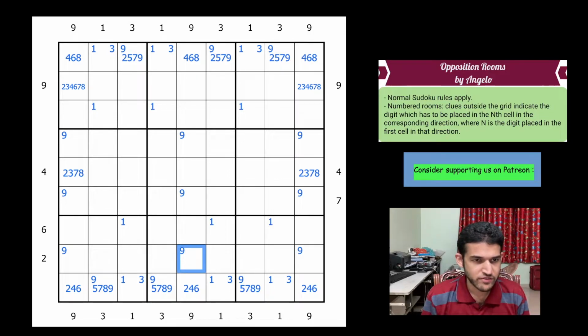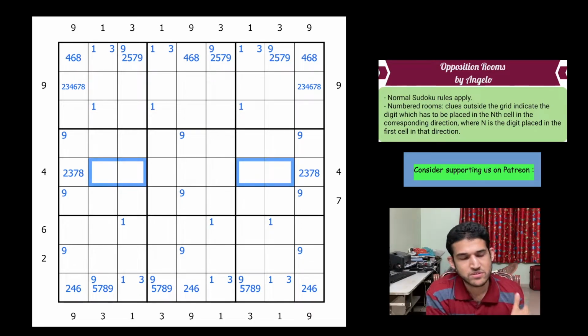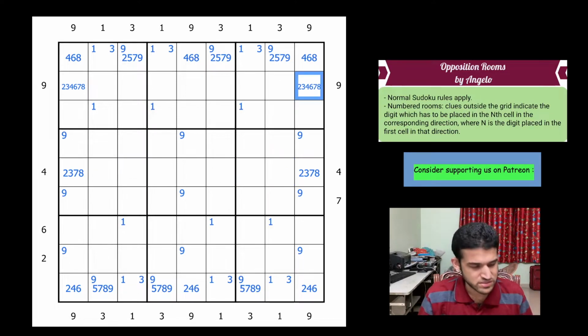So 4 in row 5 is in one of these cells. Can I do something with these?